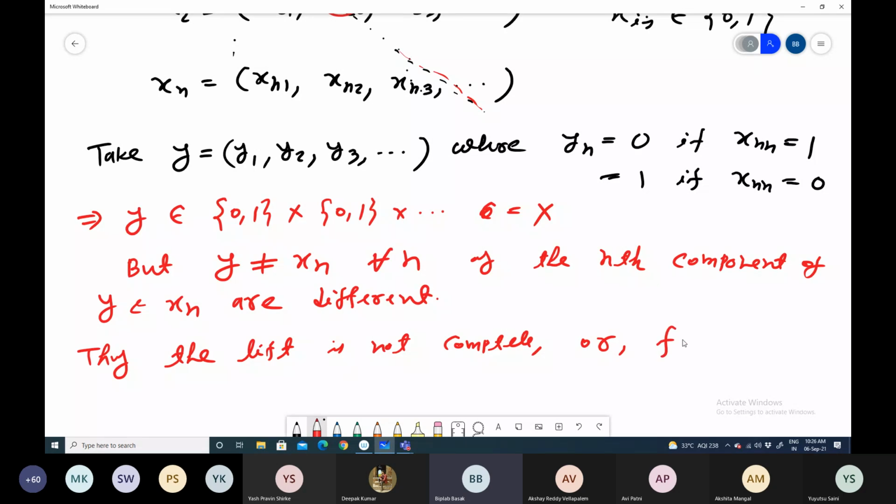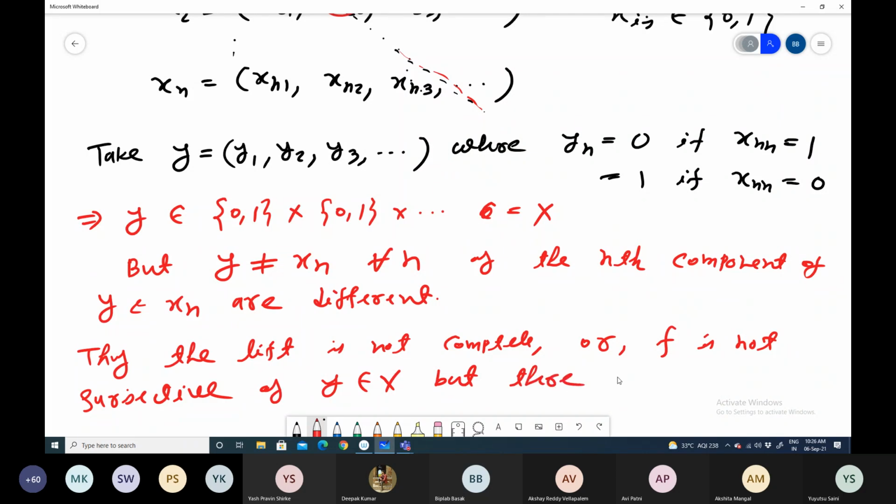Or you can say that f is not surjective, as y belongs to X, but there is no n in the natural numbers such that f of n equals y. So this is a contradiction.